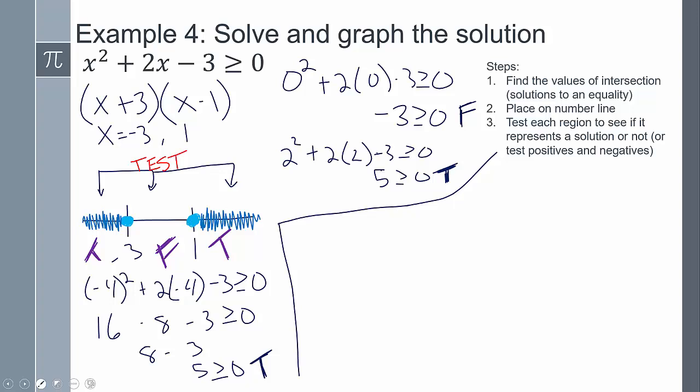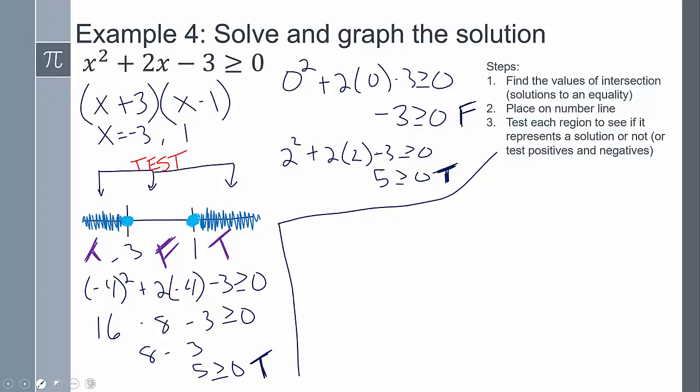So what I did here was, the first thing I did is I found the values of intersection, which is basically the solution. So where would they intersect 0? And so to do that, I factored it, found the solutions, and then step 2, I placed them on the number line. And so -3, 1, because it's equal to, solid circle.